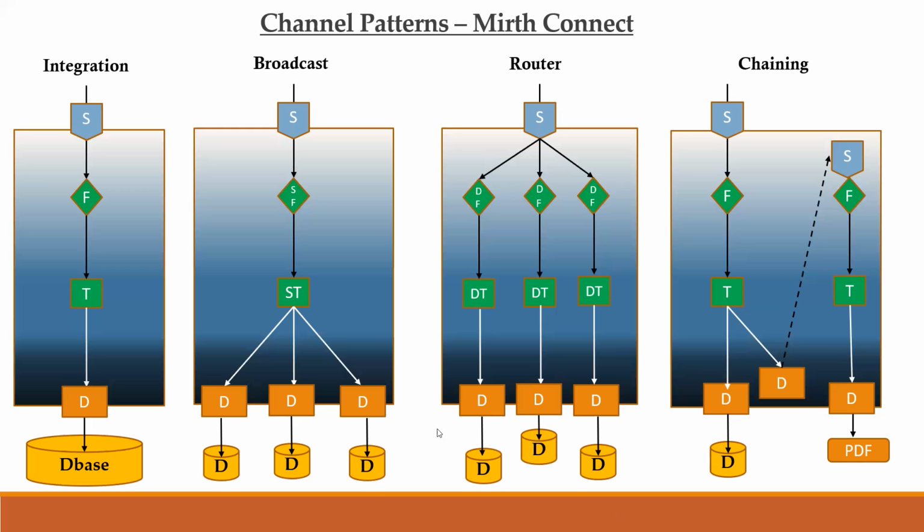Here, the destination is sending the data to the source of another channel. Now, within the hospital, what will happen? One, it will write the data to its EHR application so that doctors can see it. Second, it will write a PDF report to one of the servers within the same hospital so that they can have access to all the PDF reports as well, so that they can give those reports to the patients.